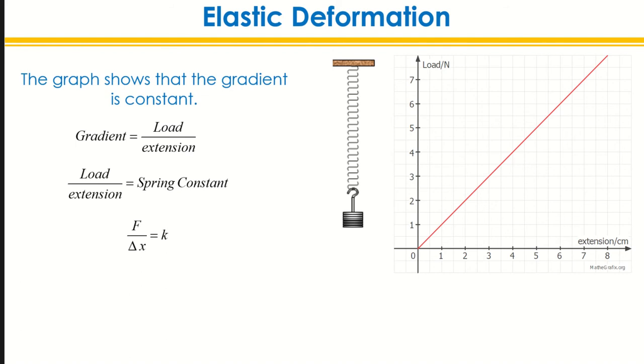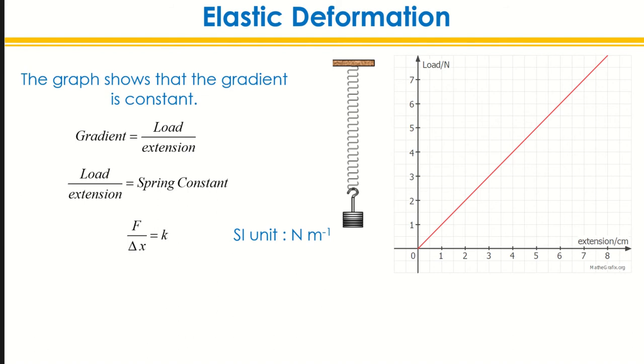So we can say F is equal to k multiplied by delta x, or k is F divided by delta x. The SI unit, of course, force F is measured in Newton and the extension is measured in meter in SI units. So we can say the SI unit for this is the Newton per meter.